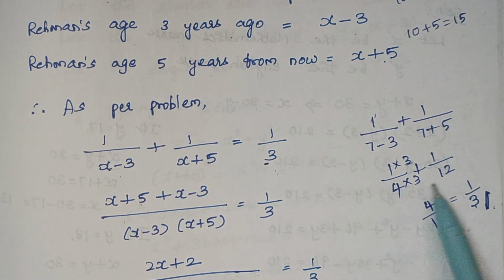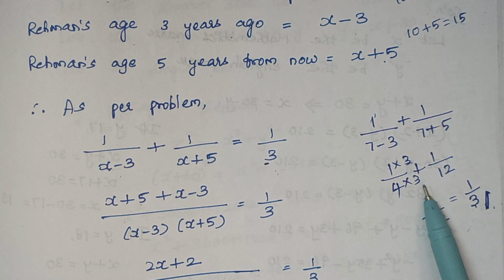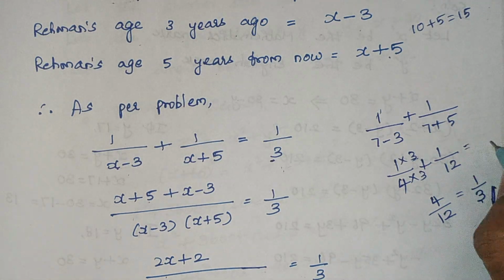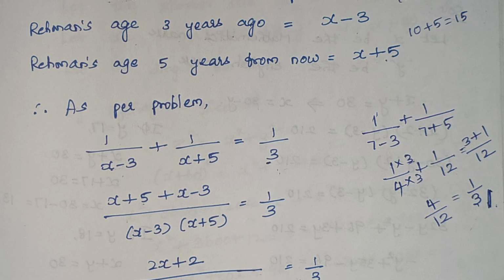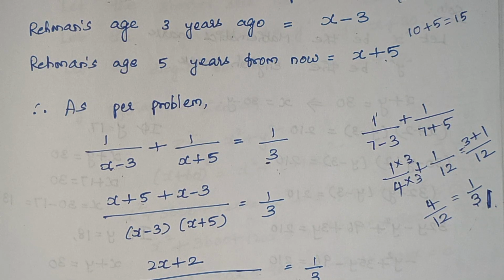Again we take LCM, multiplying both numerator and denominator by 3. When you simplify, the denominator becomes 12 and 1 into 3 becomes 3. So 3 plus 1, which is 4 by 12, is finally equal to 1 by 3. That is, the given scenario in the problem is satisfied by our answer.